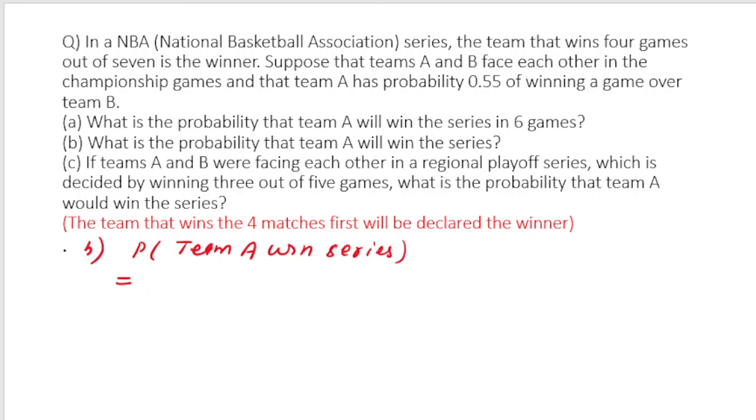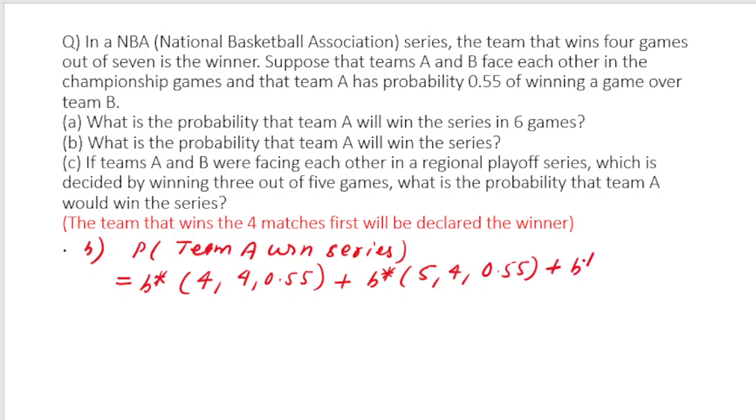So in what situation will team A win? The rules tell you that a team wins the series if it wins 4 matches. So the first possibility is that team A may be very lucky. It plays 4 matches and wins all 4 matches in the first 4 matches itself. Another possibility is that team A plays 5 matches and wins 4 matches with the probability 0.55.